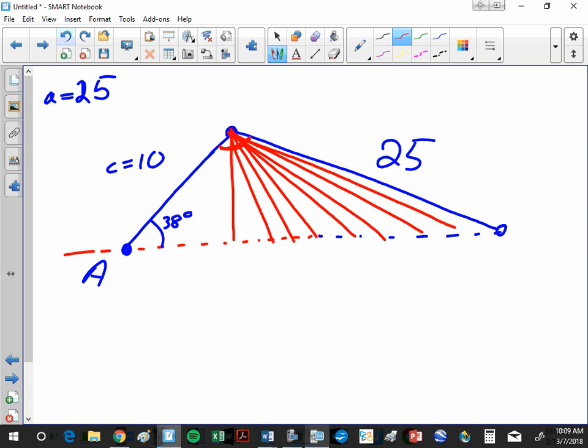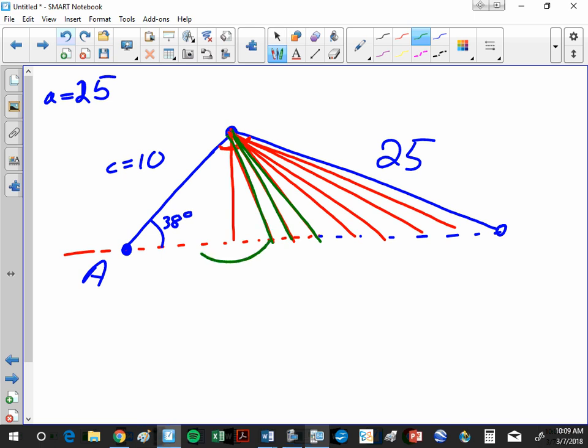If that second side starts to get shorter and shorter, eventually it's going to be straight up and down. And once you go past straight up and down, you don't have a triangle. But there's this magic zone in there somewhere.